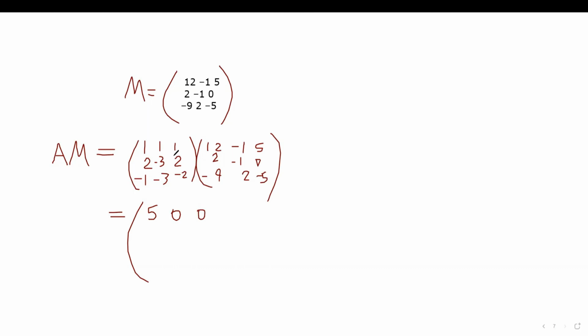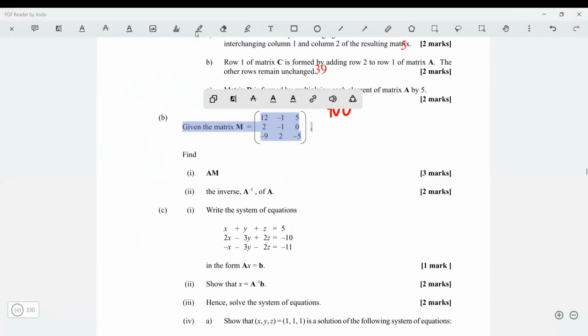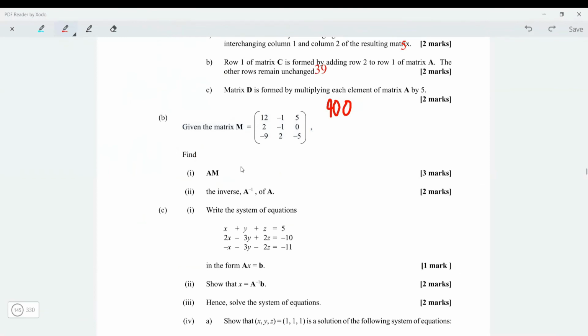Row by column, we're going to get 24, minus 6, minus 18, that's 0. I catch a pattern already. This is 5, 0, 0, 0, 5. So if you want to write it even better, you can say that it is 5 times the identity matrix. So it works out really easy. That's all. So you can say A times M is 5 times the identity matrix, 5I.